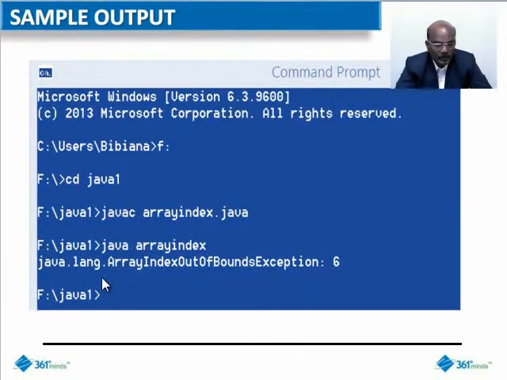Now when I run the ArrayIndex Java, it says java.lang.ArrayIndexOutOfBoundsException, and it shows the value 6, which says that you have given a wrong value of 6. So give a value that is within the scope of the index of the array.